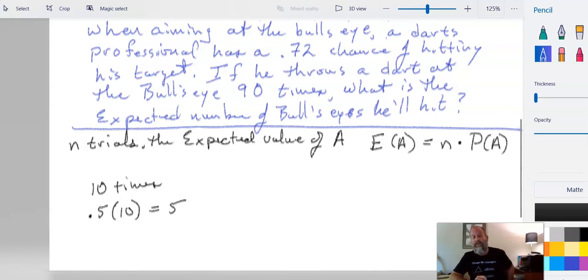Okay, so you take the number of times you're trying something and you multiply that number by its probability. So if we're going to look at this over here, let's see here.